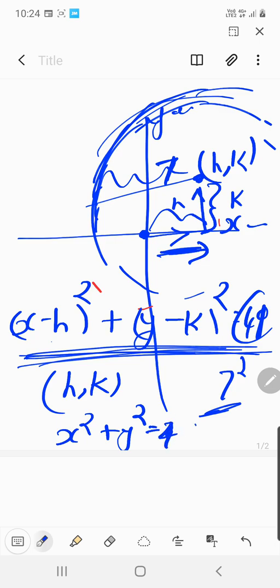Let's just say radius 7, with center as origin, where HK is 0, if you notice, to the right and top.